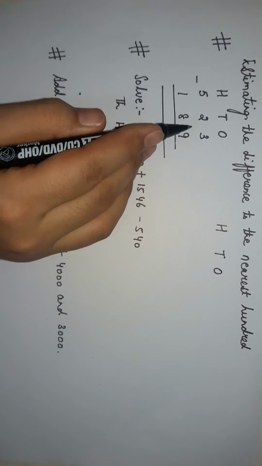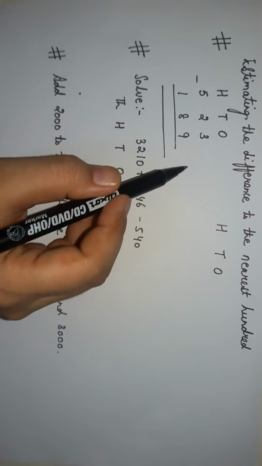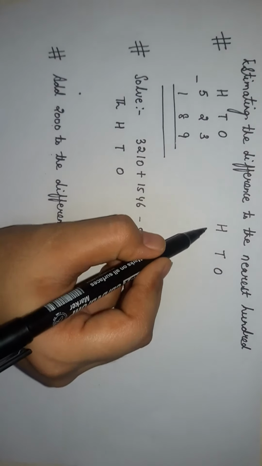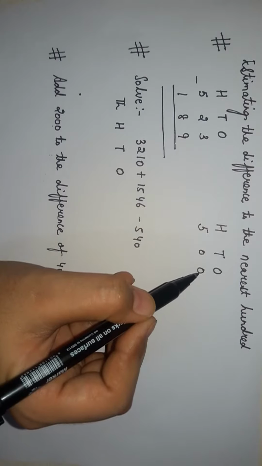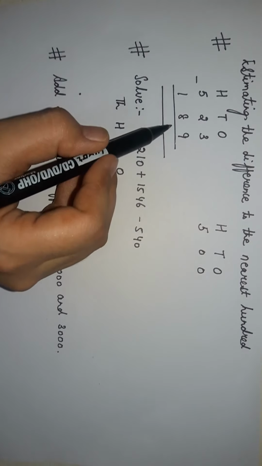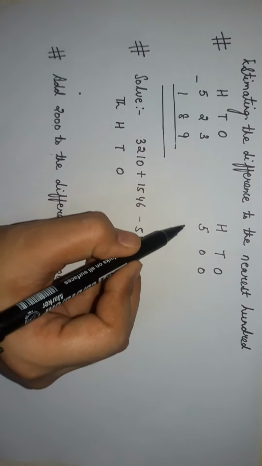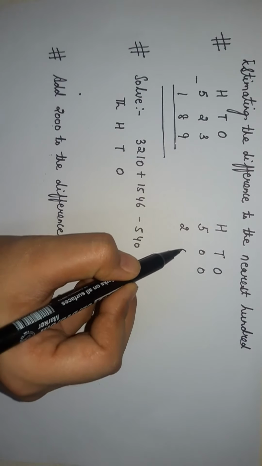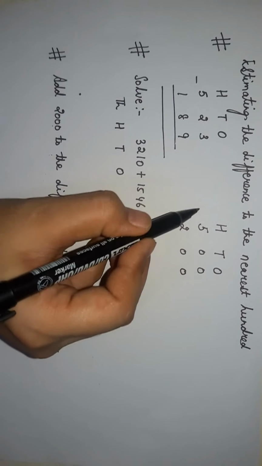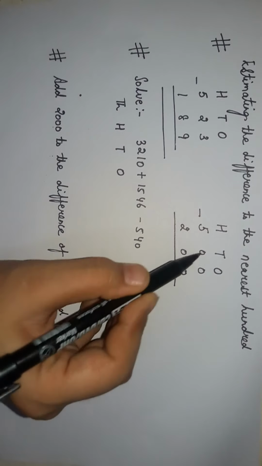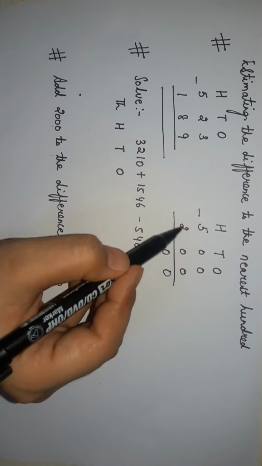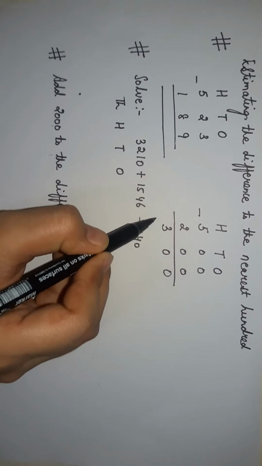First of all, we will round these numbers to the nearest hundreds. So 523 is estimated to the nearest 100 as 500 and 189 is rounded off to the nearest 100 as 200. Now subtract these numbers. 0, 0, and 5 minus 2 equals 3.